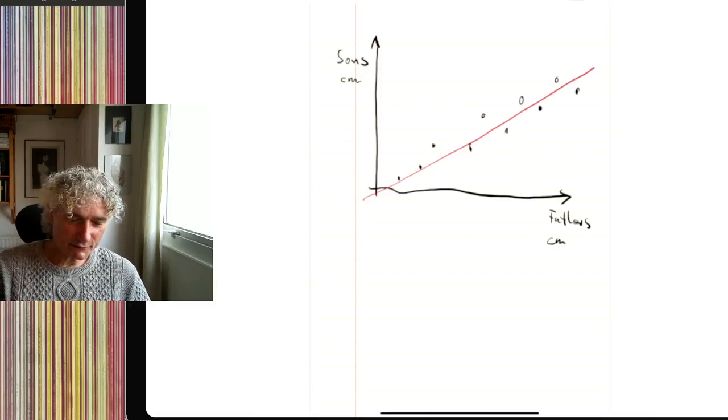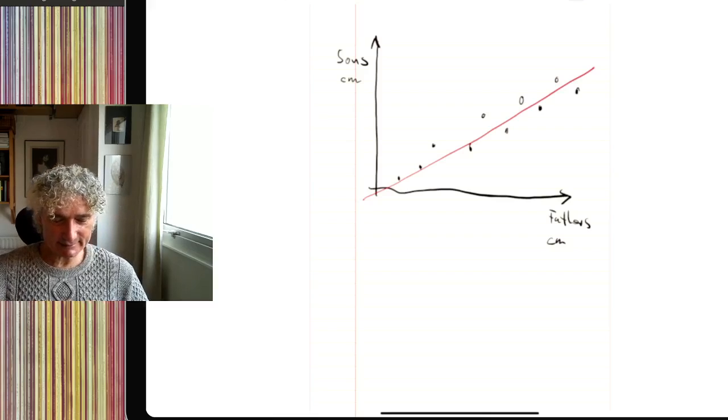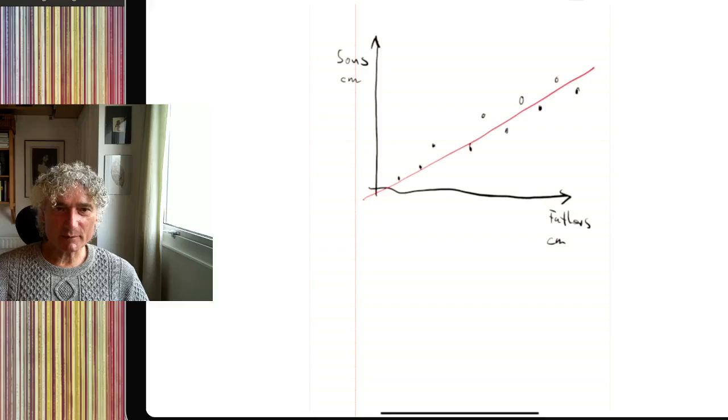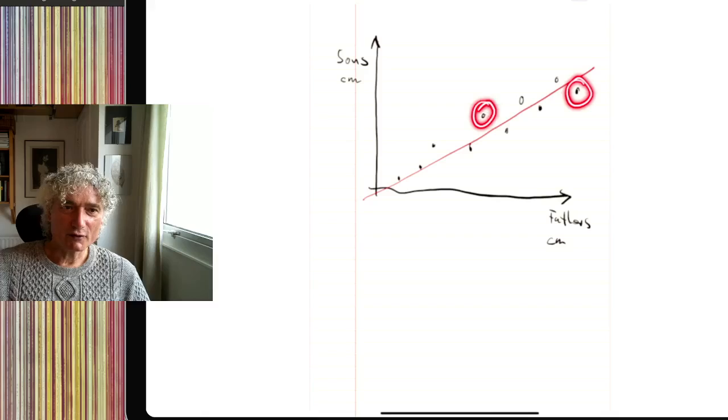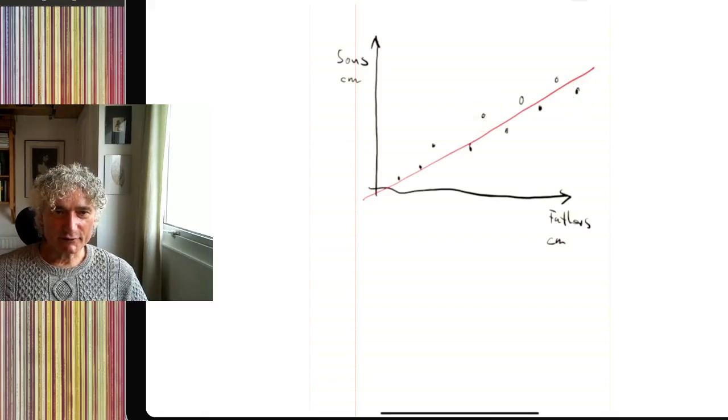And then regression means that this is the general trend embodied by this line, that taller fathers have taller sons. And if you deviate from this line with a certain measurement, then this is interpreted as just some kind of statistical error or variation, which is not too relevant.